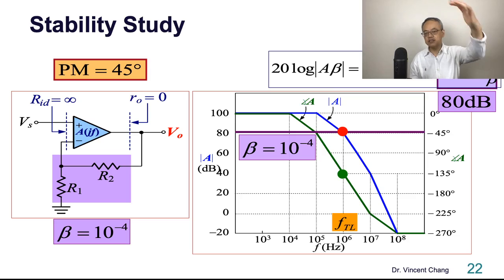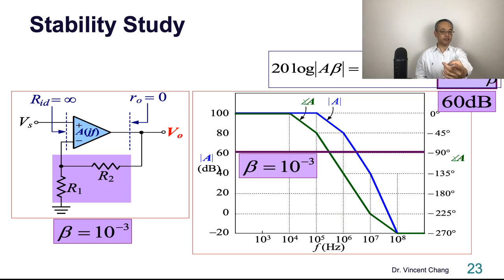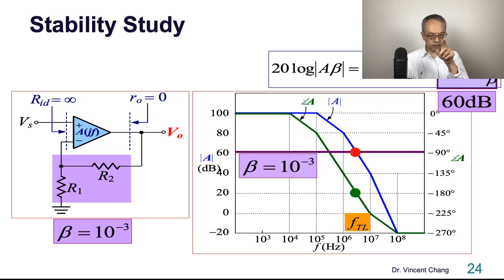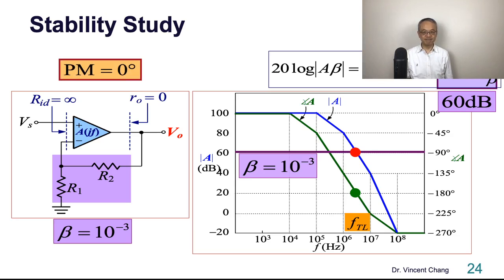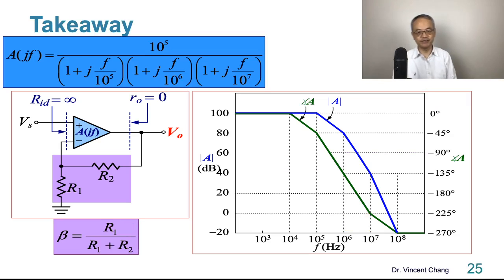Between stable and unstable, here's the answer: 10 to the negative third power. Why? Because at this frequency, the intersecting point, the corresponding phase is 180 degree. All right? Interesting, right? Zero margin.